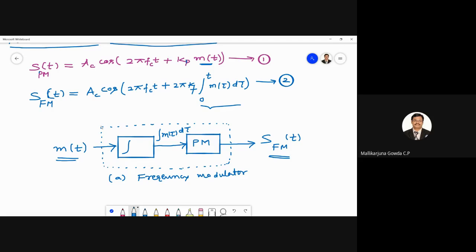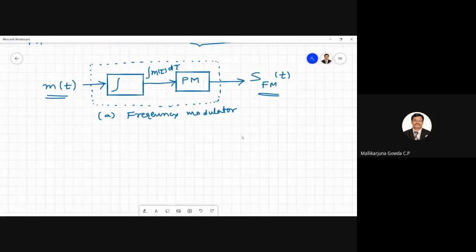That is why I have written a dotted box: the FM wave corresponding to this message signal m of t is also the PM wave corresponding to the integral of m of tau d tau. So similar to that, we can write another block for phase modulation.